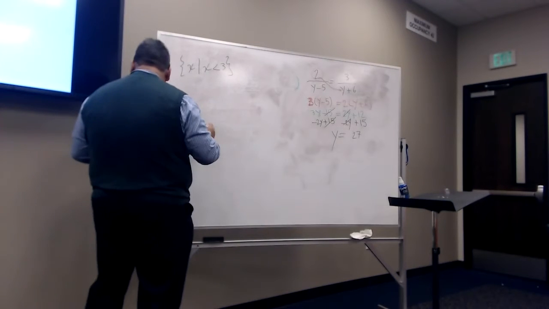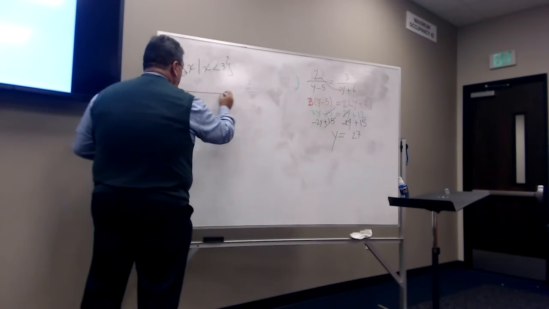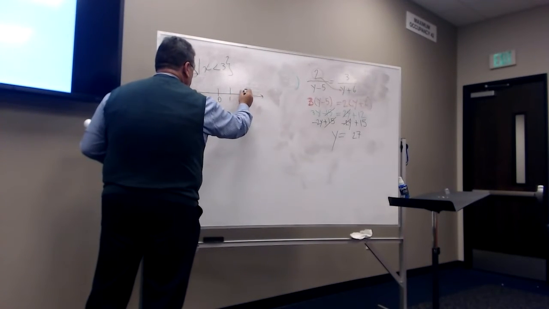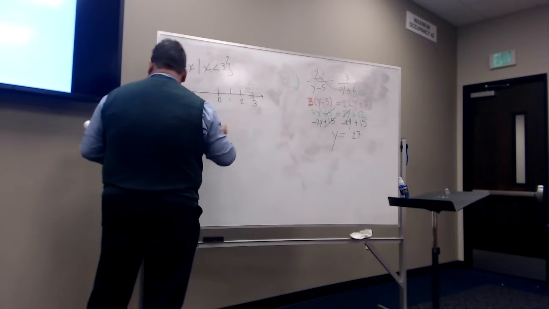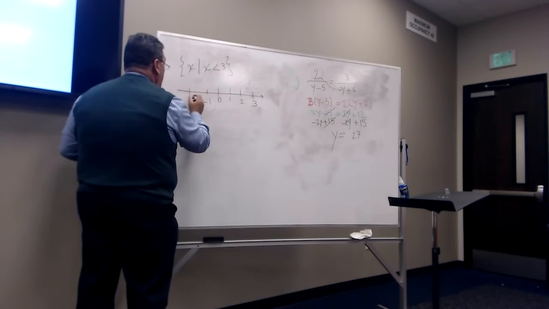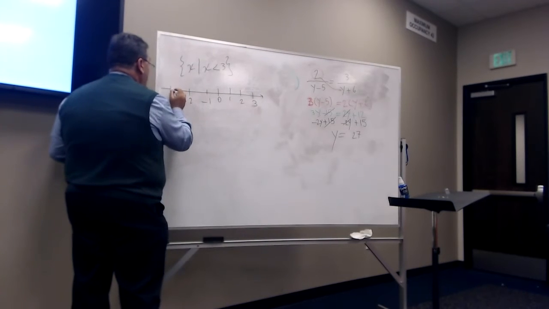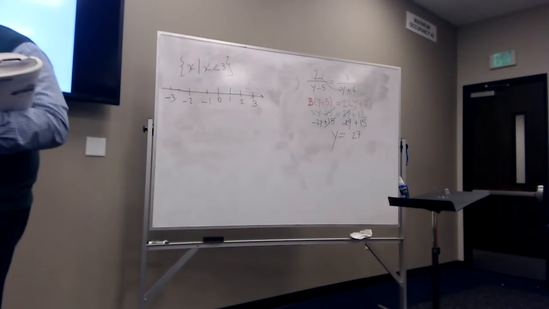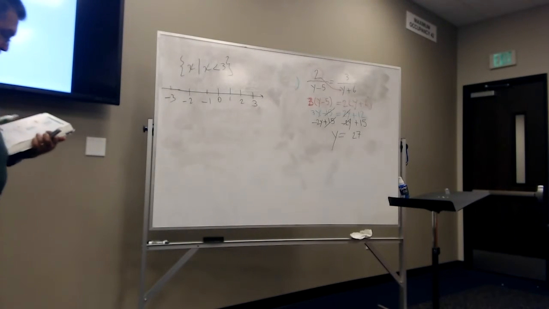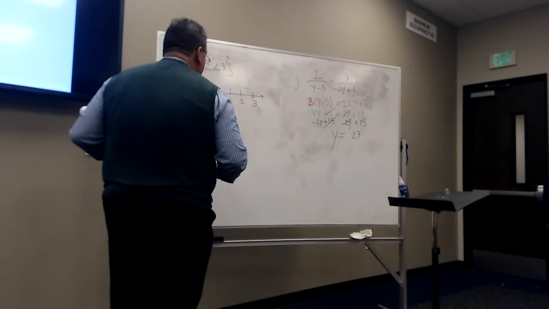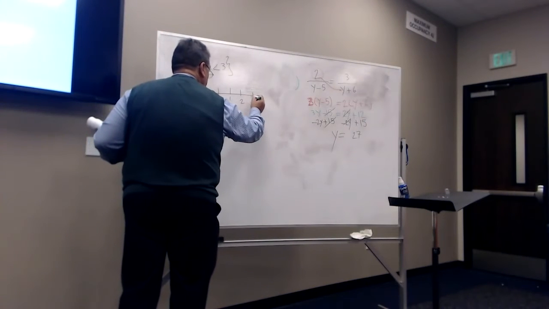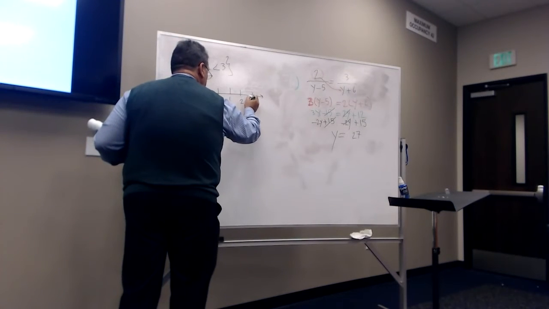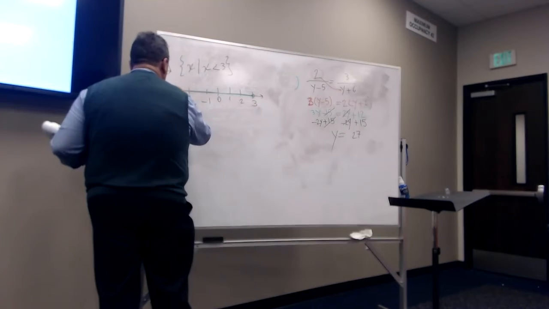If I want to do that on the number line, here's 0, 1, 2, and 3, minus 1, minus 2, minus 3. If you notice, this is all the numbers less than 3. So this should be an empty circle all the way down to minus.